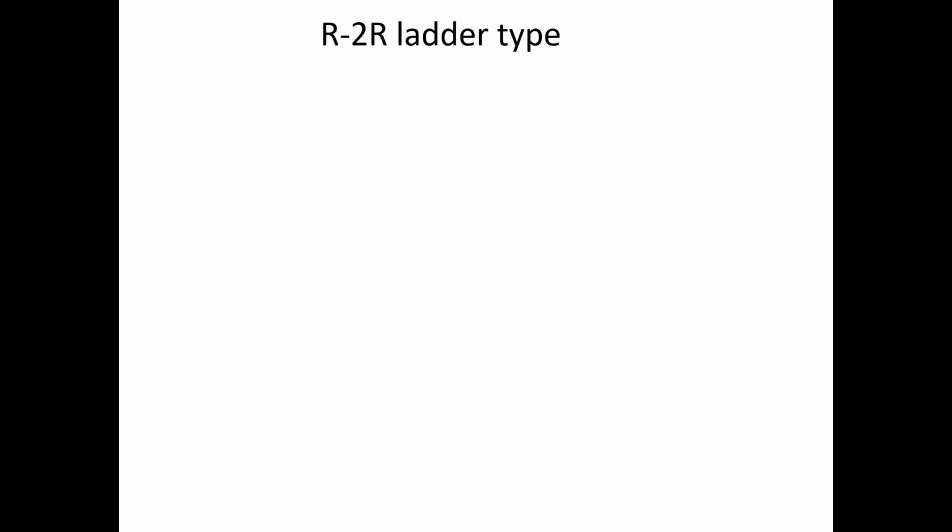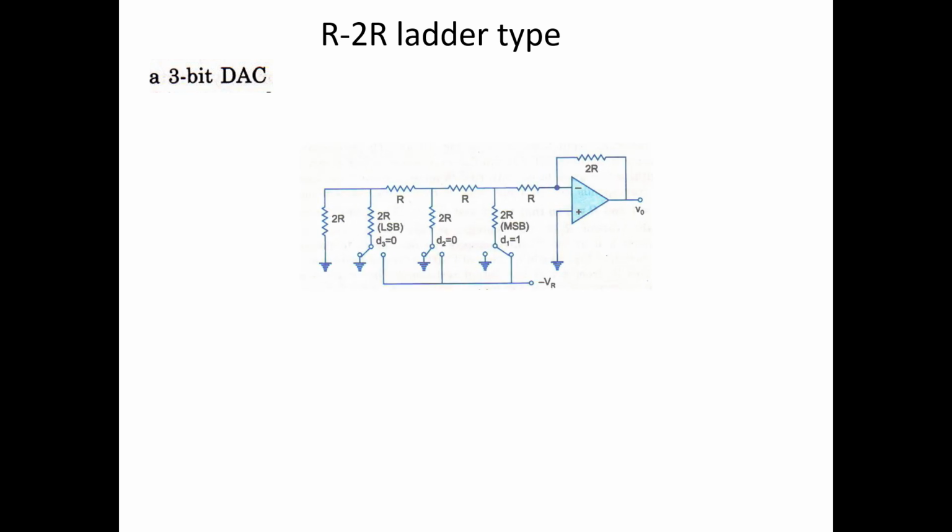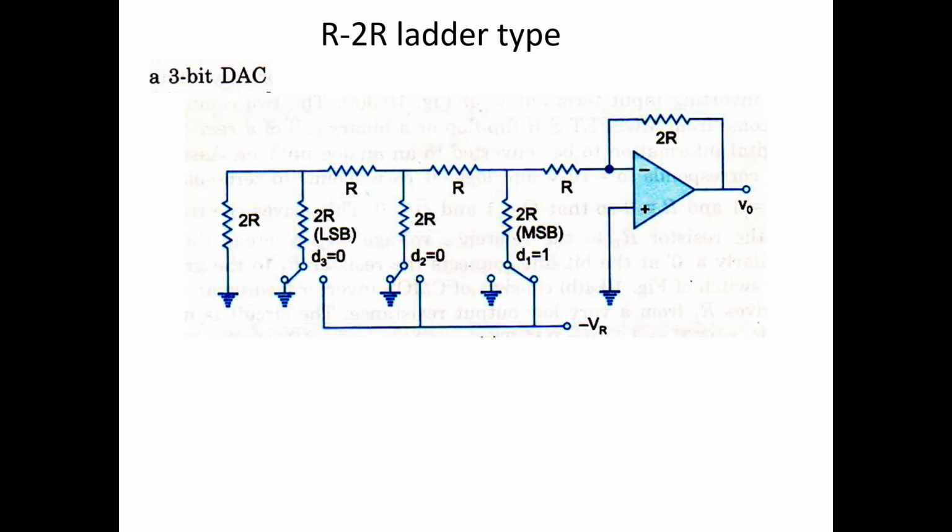The R to 2R ladder type is one of the most important types of digital to analog converter. Here we shall see a 3-bit DAC. So this is the circuit diagram of an R to 2R ladder type 3-bit digital to analog converter.